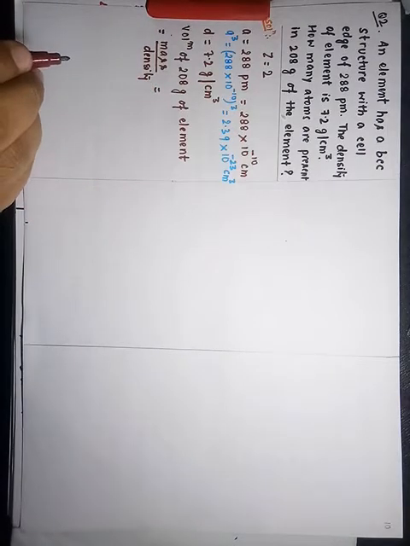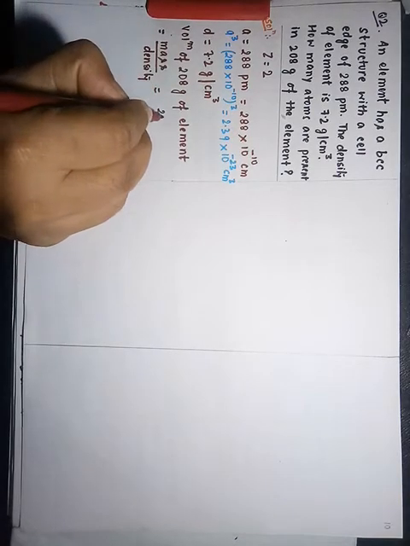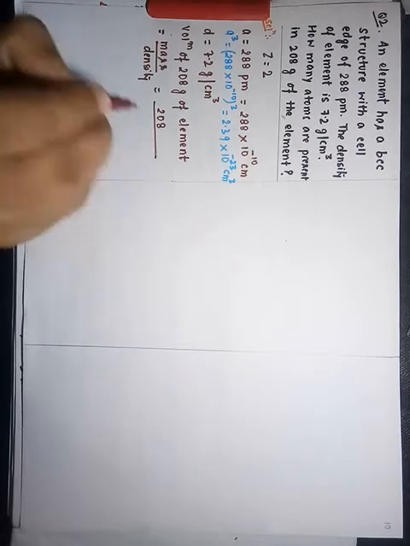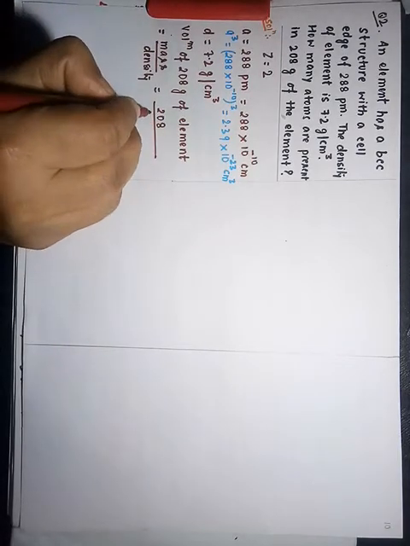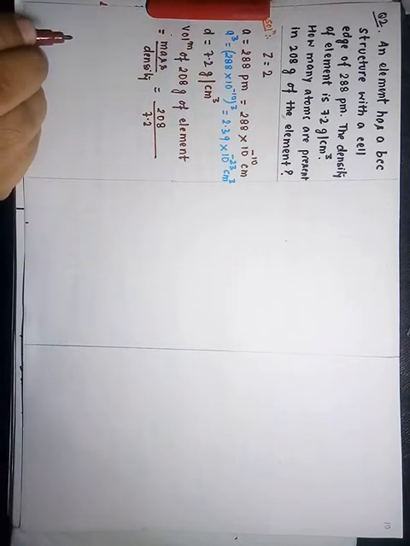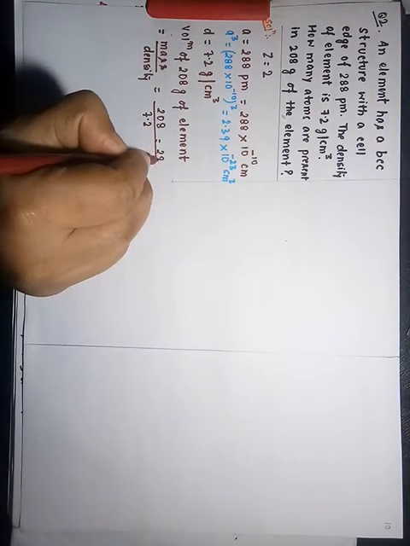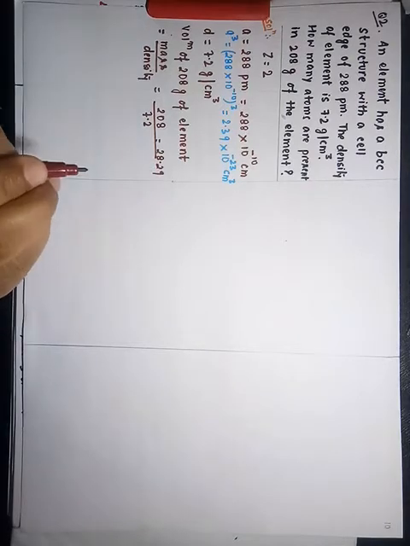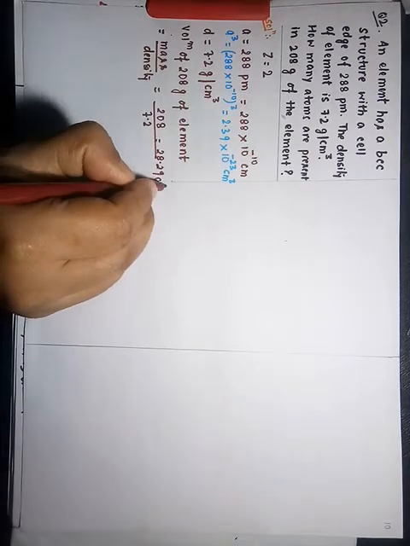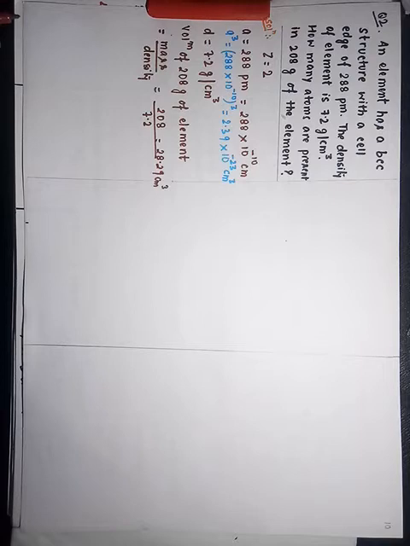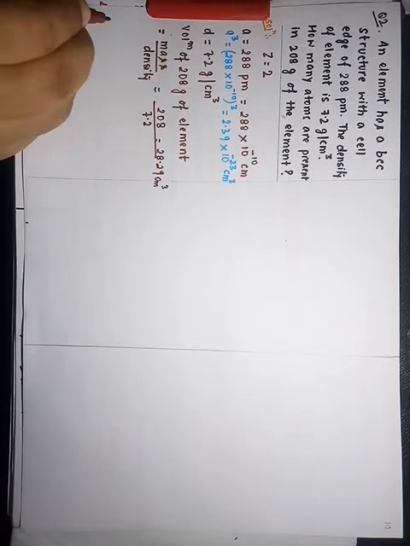Volume is equal to mass by density. So mass 208 and density, it's given in the question 7.2, and on doing the calculation it comes out to be 28.29 centimeter cube. So the volume comes out to be 28.29 centimeter cube.